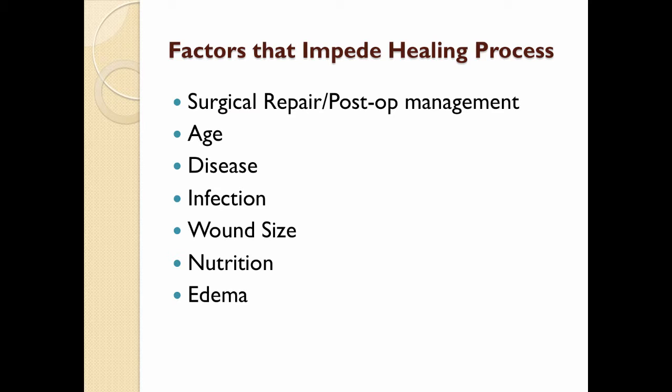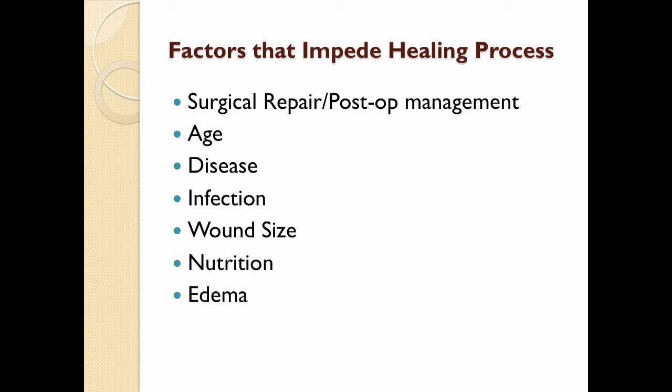So some factors that impede the healing process. Surgical repair, post-operative management, we have to take those much slower than if somebody doesn't have a surgery because of all the collateral damage that occurs. Age is a major factor. Younger folks heal much faster than older folks.